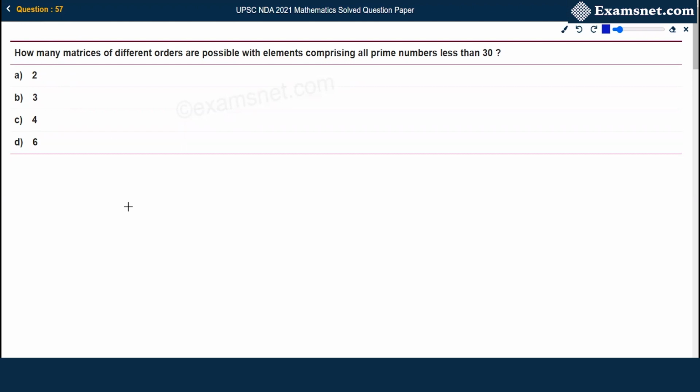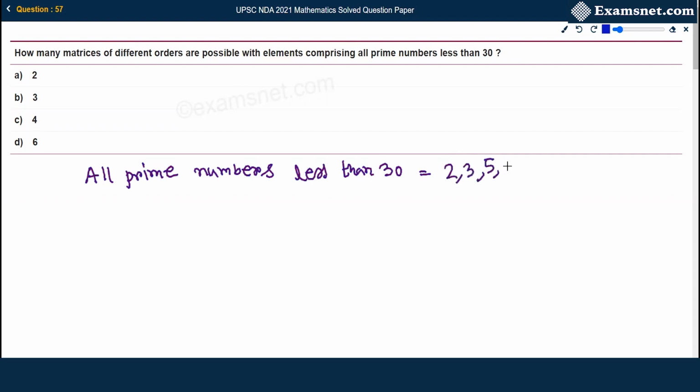So let's write all prime numbers less than 30. 1 is not a prime number. We will start with 2, 3, 5, 7, 11, 13, 17, 19, 23 and 29.